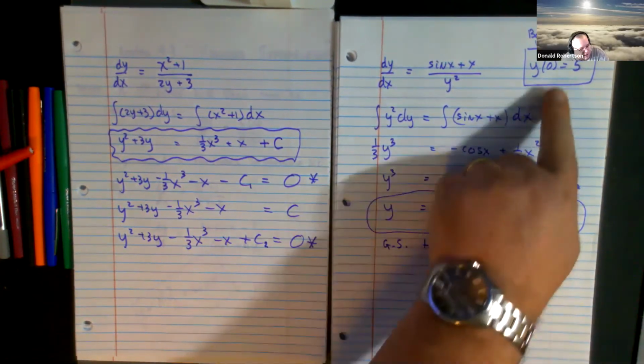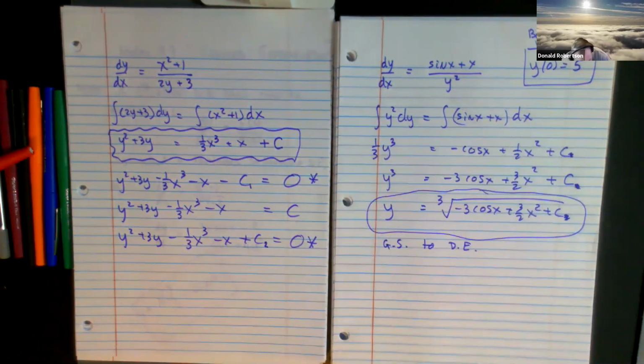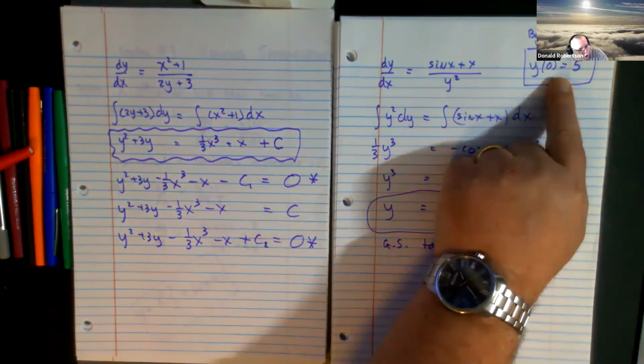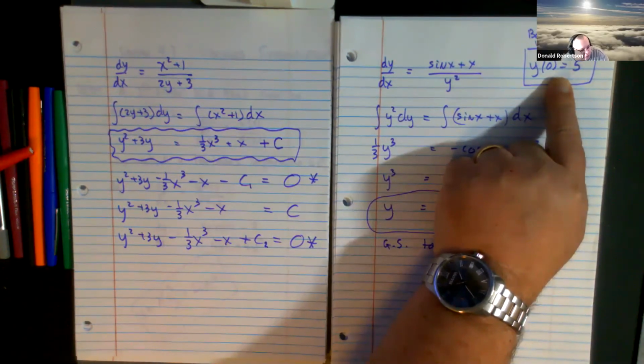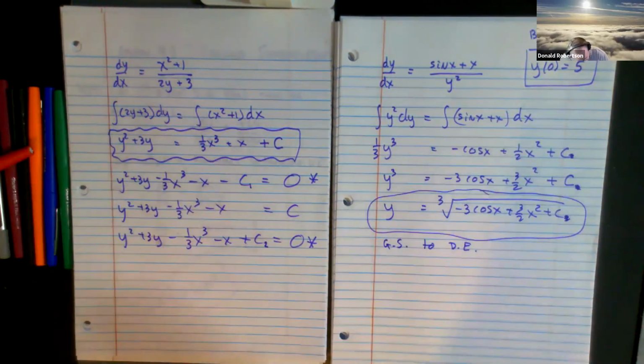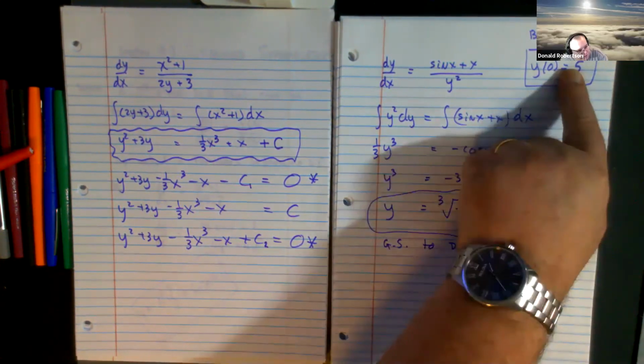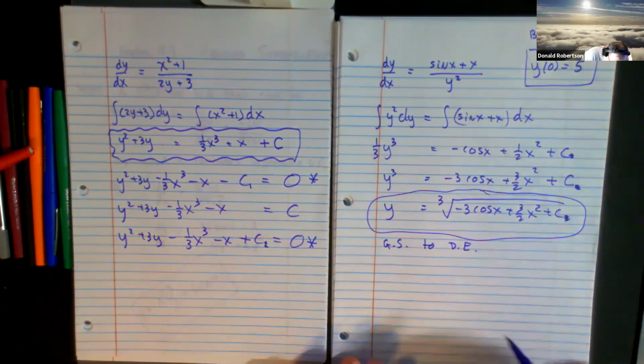Right? This extra piece of information. If you did this in the direction field software, and then you put in 0,5 as your dot, wouldn't there be a curve drawn? And that curve is unique. And that curve is unique because this C and only one value of C will match this curve. So let's see how that would work.